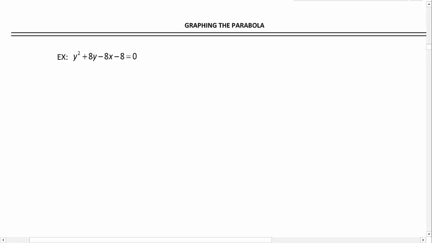So this tells me not only that my parabola is going to be opening to either the left or the right, but that we're trying to get this equation in the standard form, y minus k squared equals 4p times the quantity x minus h. So I've got to manipulate what we have now into that form. We're going to have to complete the square. The only thing we're completing the square for is the y, because that's all that has a square.